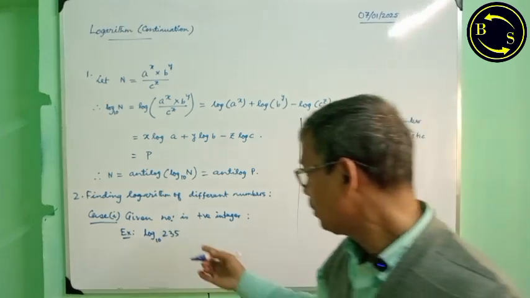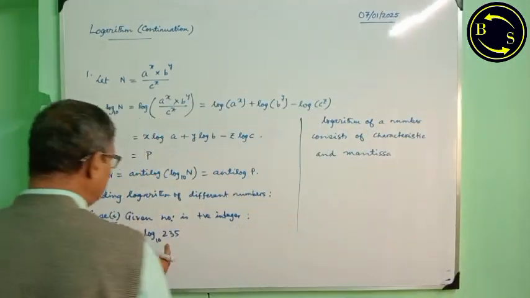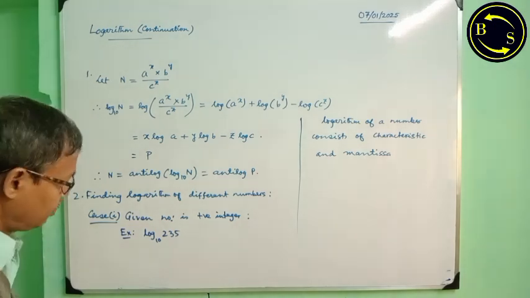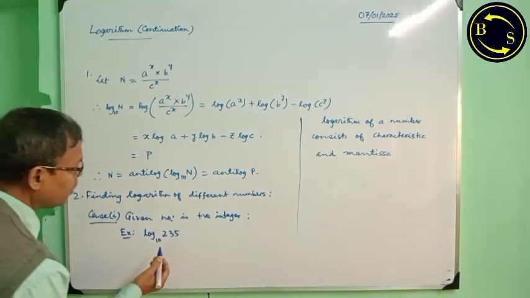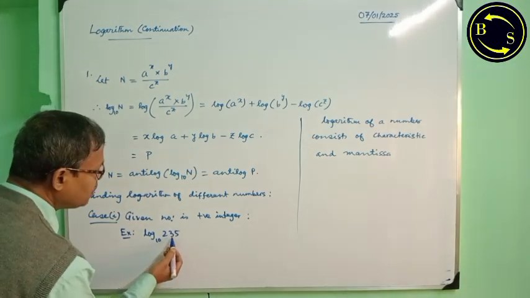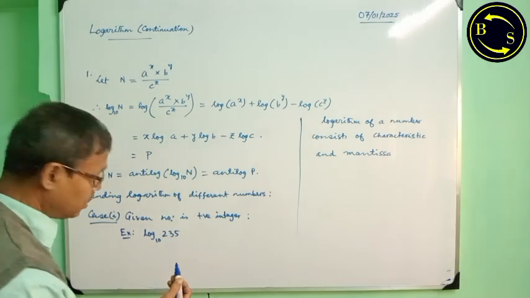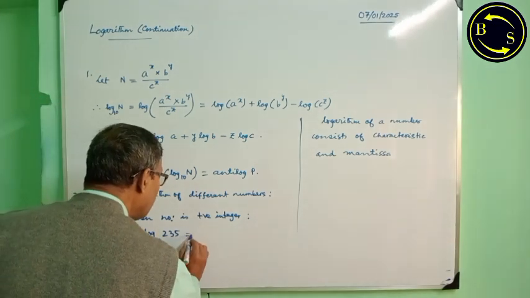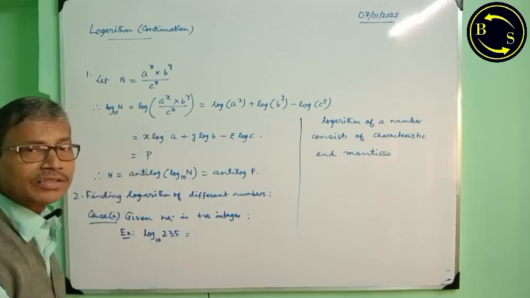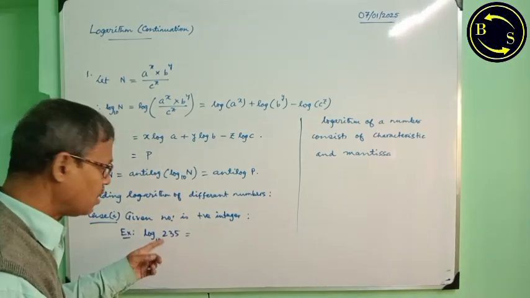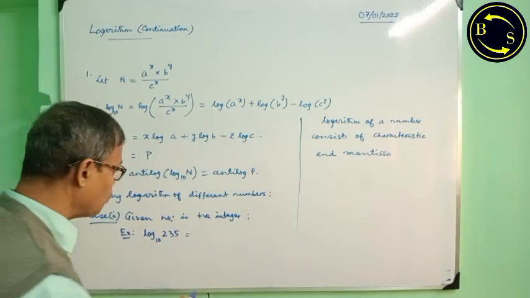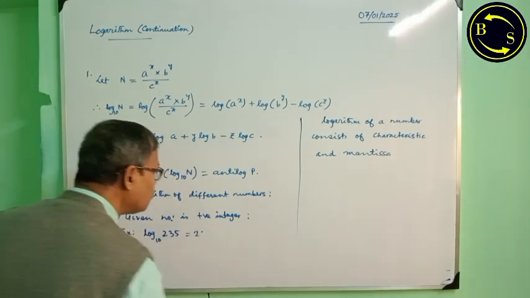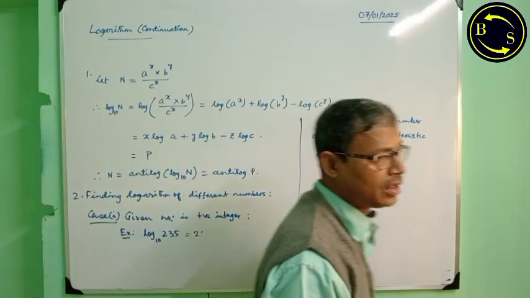Now I take this example. Log of 235. First of all, I note that there are 3 digits and no decimal point. Therefore, the characteristic will be 1 less than the number of digits. That means 3 minus 1, 2. Now, after that we put decimal point.